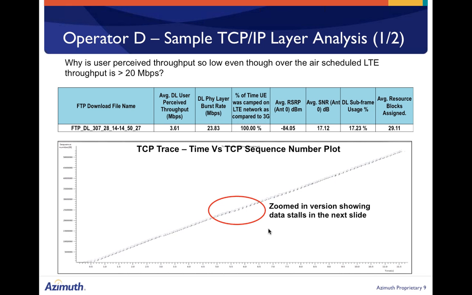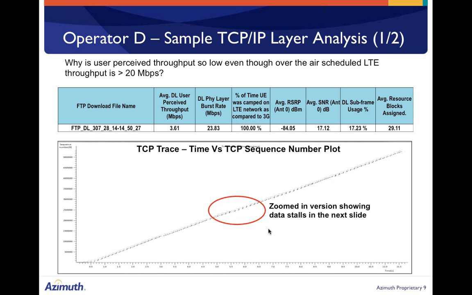And in this case, again, we found that the UE was spending 100% of the time on the LTE network. The RSRP average was pretty strong. The signal-to-noise ratios were very high, which explains why the physical layer speeds were very high. And one thing we noticed was, in terms of the time domain, the subframe usage was significantly lower.